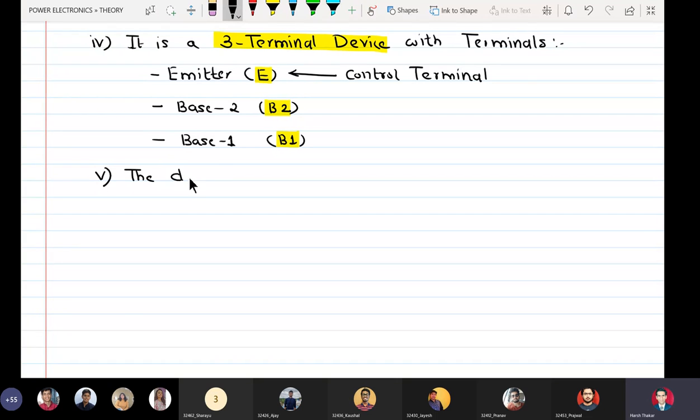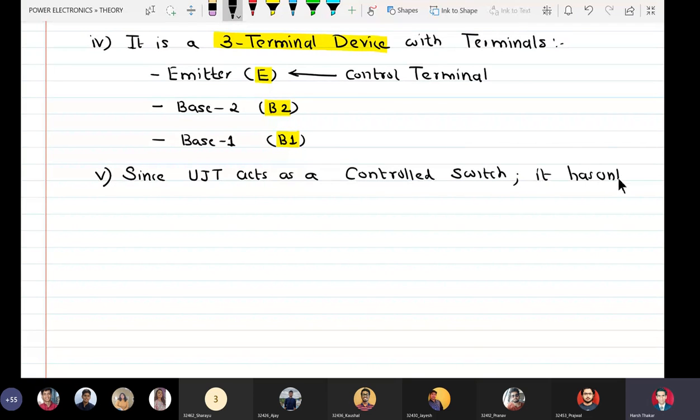So we can say better, since UJT acts as a controlled switch, it has only two states, namely on and off.